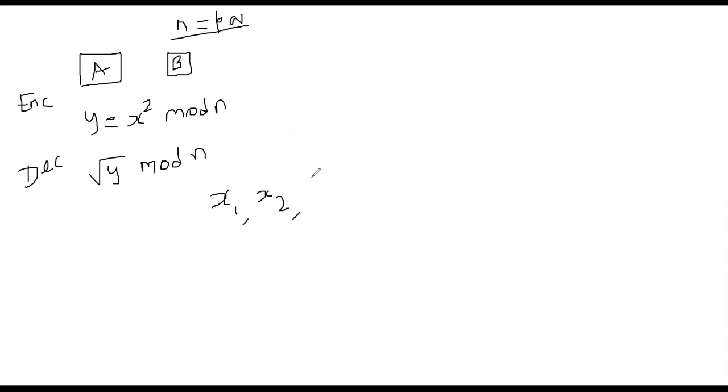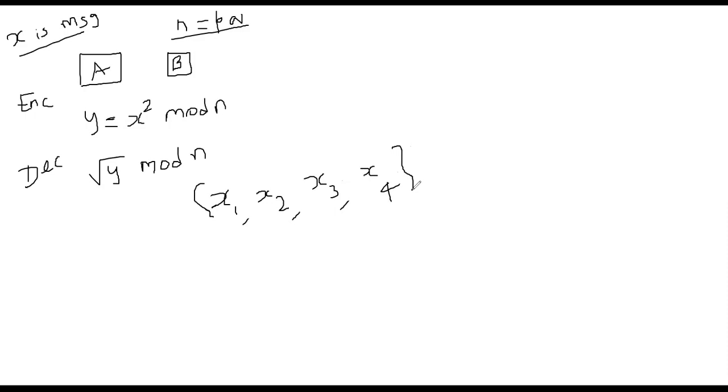It could be any of these messages, if you square any of these, you may still get a Y. Y is the value Alice sent, X is the message. So how will Bob know which X to pick? Unless there is some redundancy in the message, like a header, there's no way for Bob to know that. I have talked about this in my other segments, so please watch that.